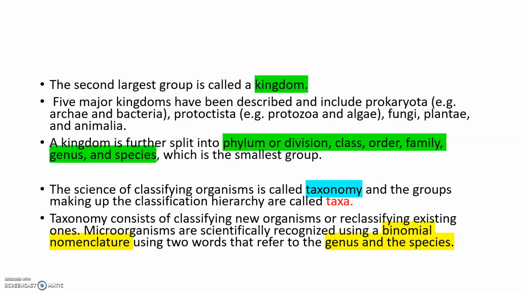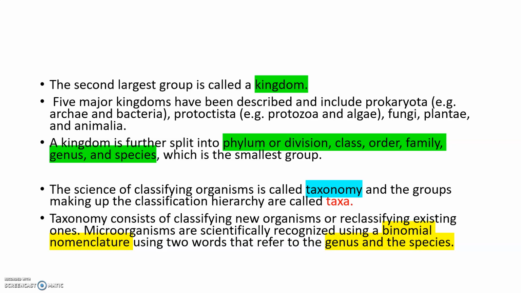Protoctista includes protozoa and algae. Then fungi, plantae and animalia. This kingdom is further split into phylum or division, then class, order, family, genus and species, which is the smallest group.